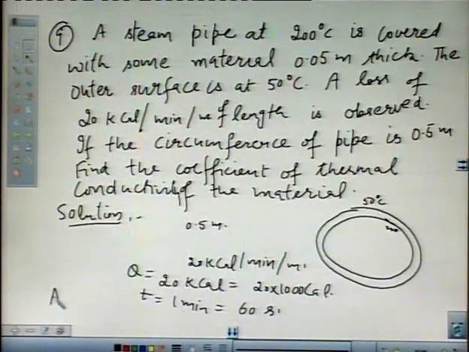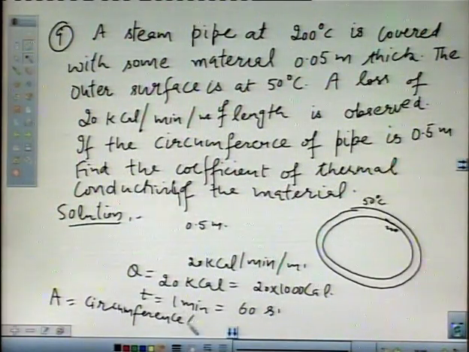Now we have to find the area of cross section. This comes out to be equal to circumference into length.